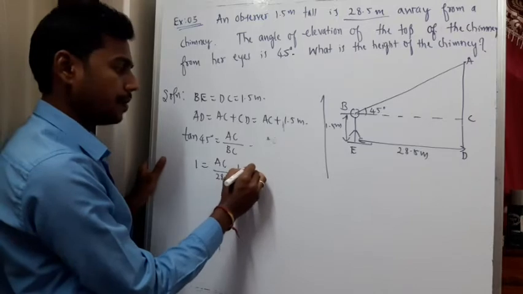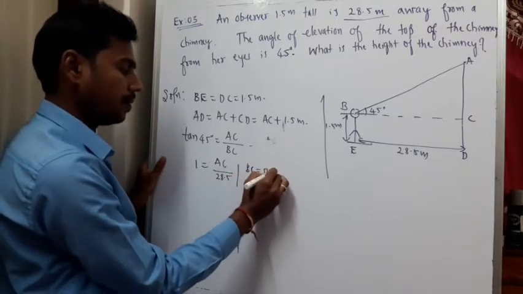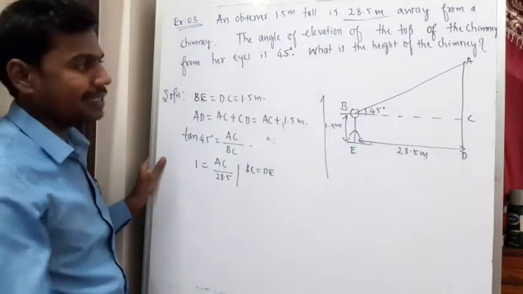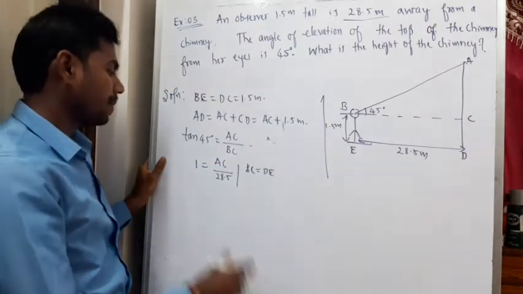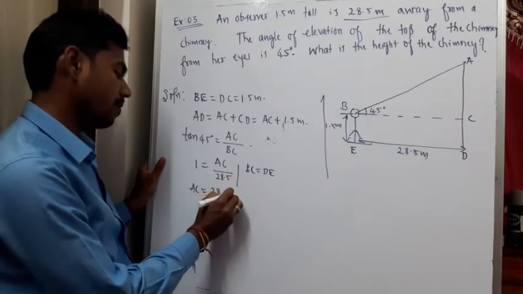Why? Because BC is equal to DE. So BC will be equal to 28.5 meter. That is the distance between the person and the chimney. Okay. AC is equal to 1 into 28.5, that is 28.5 meter.